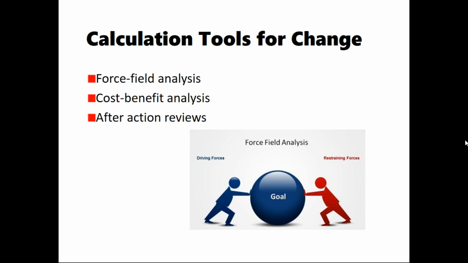So if you have a decision to make and you need to consider the pros and cons of that decision, why not do a force field analysis and look at all the driving forces and then look at all the restraining forces. And again, if you did this with your team, you are integrating two influencing strategies, calculation and collaboration.